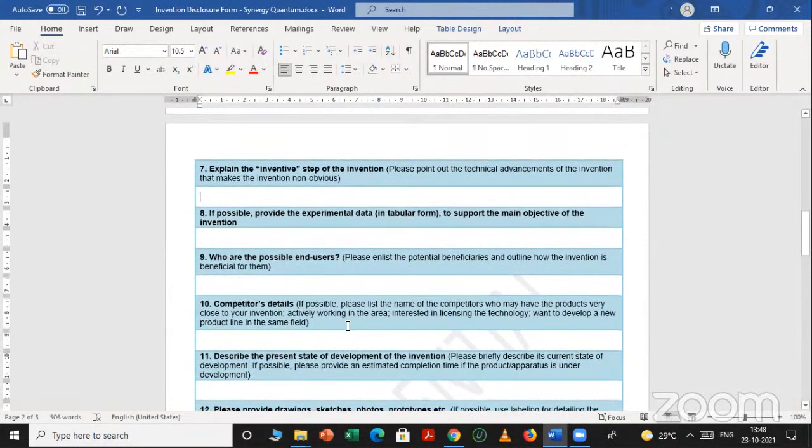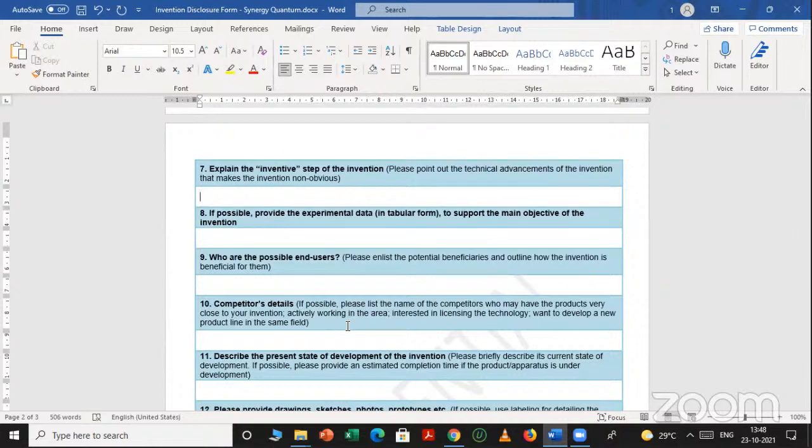Then the eighth point is to provide the experimental data. Okay, if you have, and this eighth point can be very relevant to university researchers, or professors or PhD students, because most of these people do research which is based on experimental data.